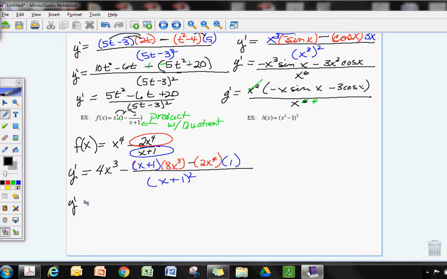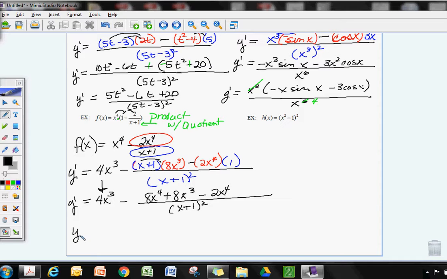Y prime equals this 4x to the 3rd is going to stay there. Subtract. This gets distributed, this gets distributed. 8x to the 4th plus 8x to the 3rd. Subtract 2x to the 4th all over x plus 1 quantity squared.